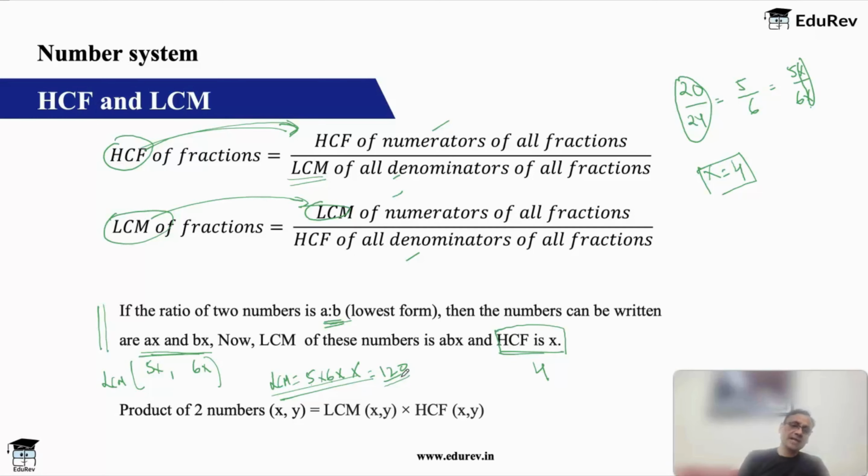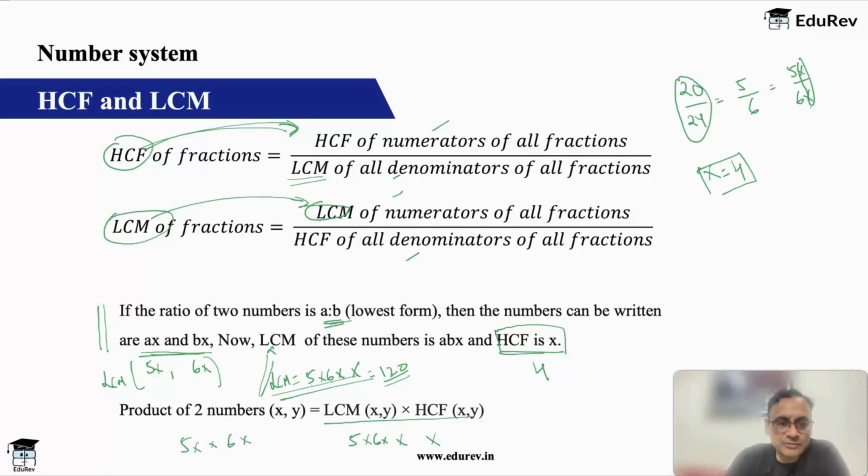Okay. Then product of two numbers is always equal to their LCM into HCF. Going back to this example, LCM was 5 into 6 into x, HCF was x, and the numbers were 5x into 6x.